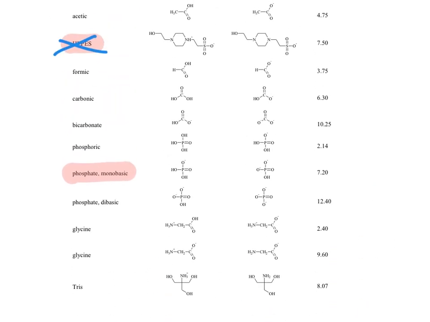Usually we can get people to try the very last possible choice, and that's carbonic acid. 6.3 seems like it's a little bit outside the pKa buffering range, and that's true, it is. But let's go see in the next video the titration of carbonic acid and see why it's a unique example of a buffer and why it's so good at doing its job in our blood.